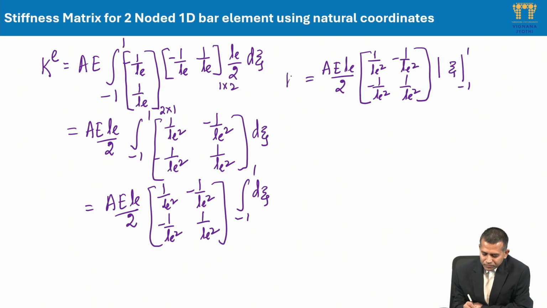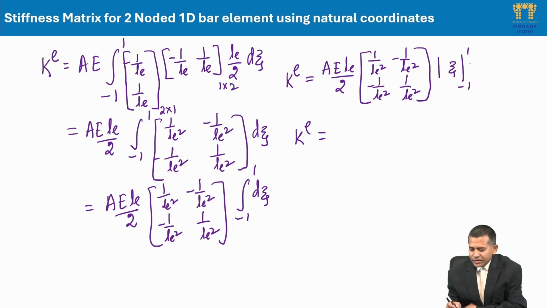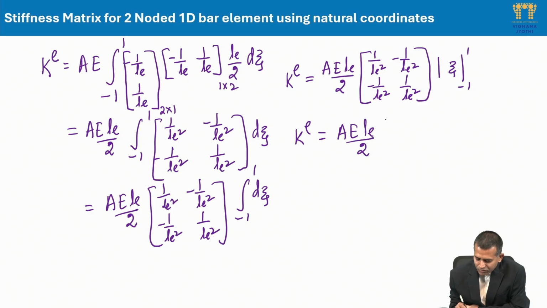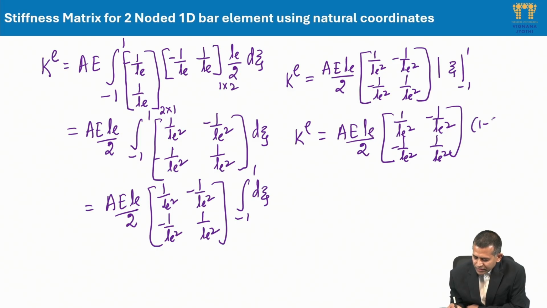If you substitute the limits, you will get 1 minus of minus 1, so it will be 2.